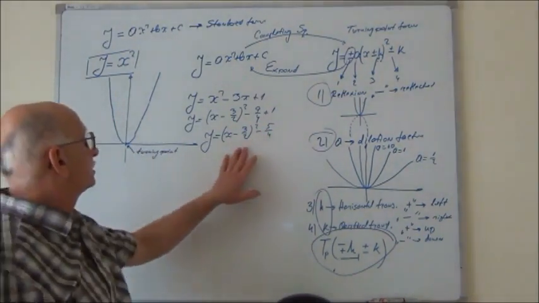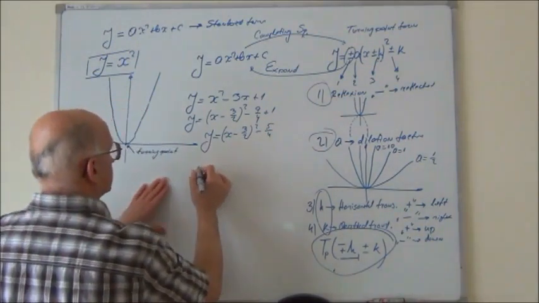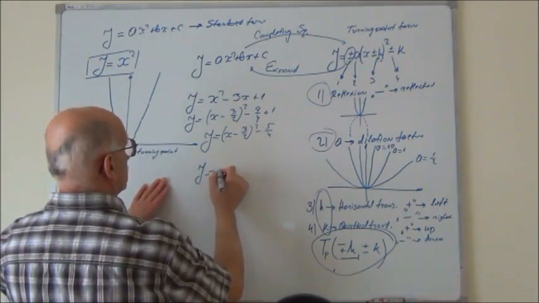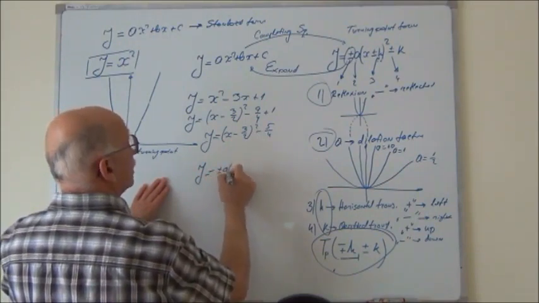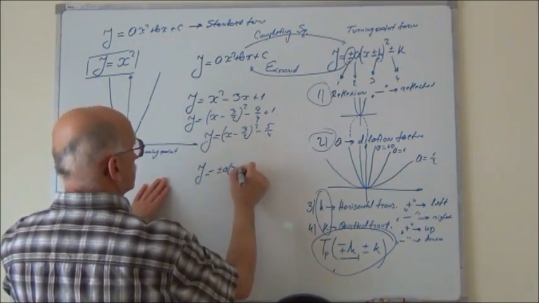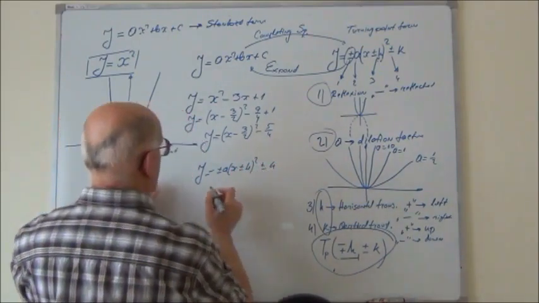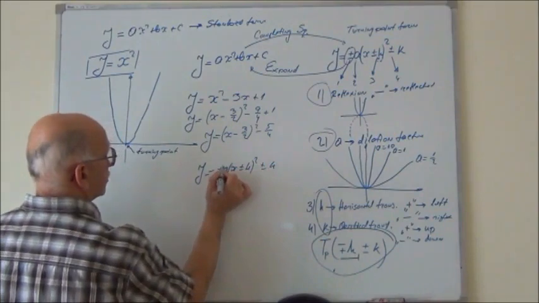And now we have turning point form. I will write under it our turning point form, plus or minus a (x plus or minus h) squared plus or minus k.